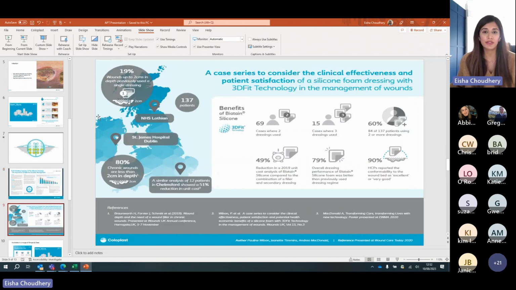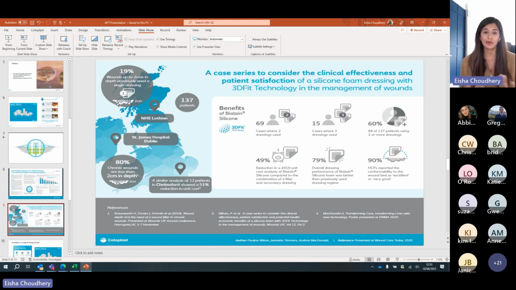The second study that I wanted to share with you was a case series that was done across 3 sites, one in Dublin, one in England, and one a bit local to home, NHS Lothian, which looked at around 137 patients. They found that they were able to switch 49% of their patients from multiple dressings to a single dressing, reducing the need for primary and secondary dressings and just using biotin silicone on its own.